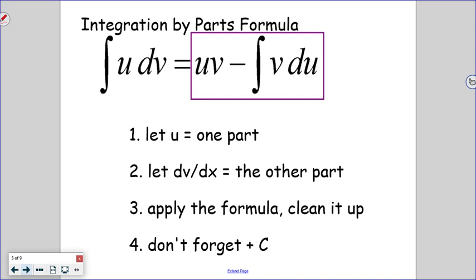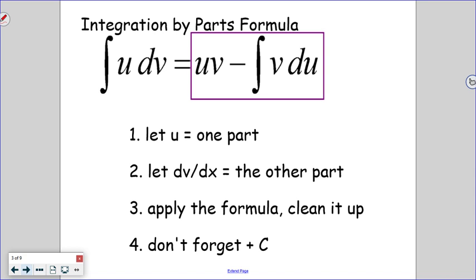We let the other part of what is inside the integral be what we would consider dv, and that would include the dx part of it. And once we've done that, which would be steps 1 and 2, letting one of our functions be u, the other function in there ends up being dv dx, which we'll look at here in just a second.